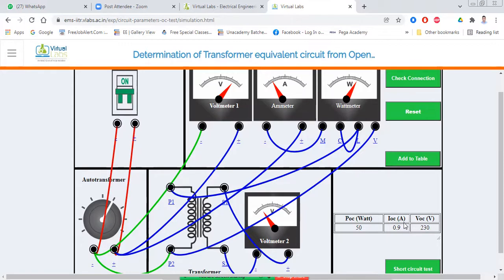I already discussed in the theory that in the open circuit test of the transformer, we give rated voltage. That's why VOC is 230 volt, but the current is very minimum, 2 to 5% of the full load primary current. And we also get the wattage, that is 50.